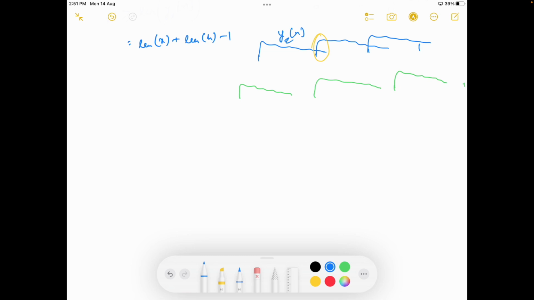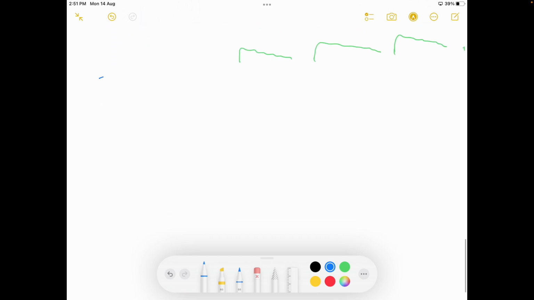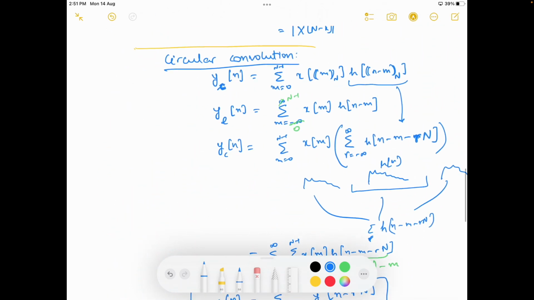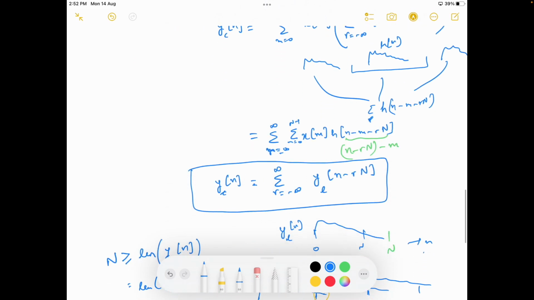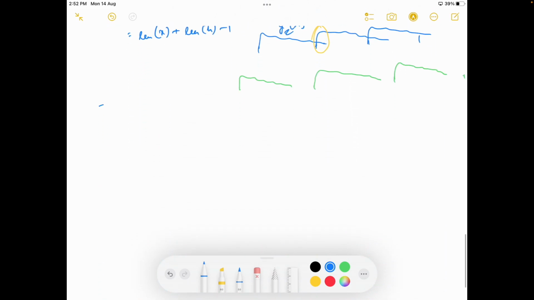Okay, then how do we perform convolution? We can either compute this equation, the summation over all m of x of m times h of n minus m, or we can do it via DFT. So what is the circular convolution?